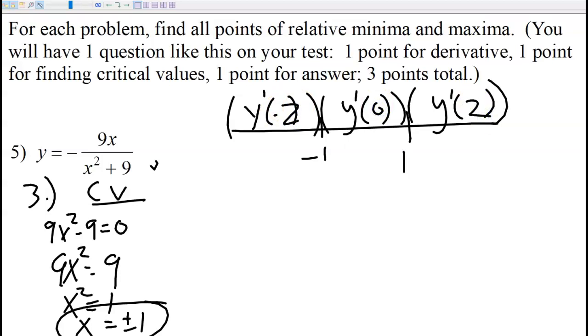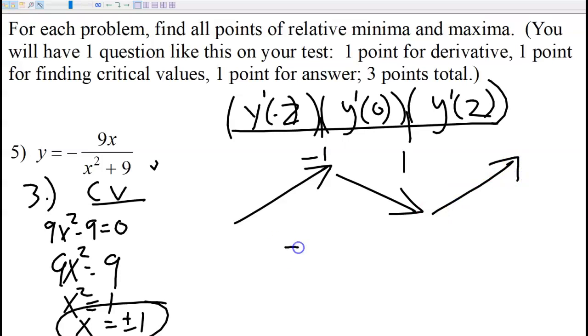All right, so if I do -2, I'm going to end up with a positive slope. If I do 0, I'm going to end up with a negative slope. And if I do 2, I'm going to end up with a positive slope again. And therefore, once again, at -1, y of -1, we have a relative max.